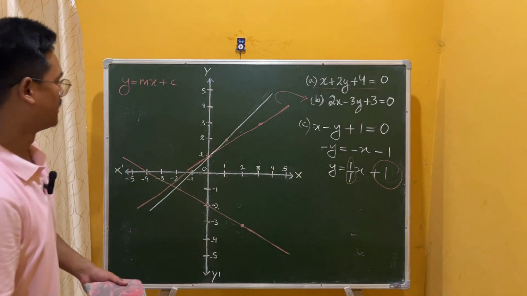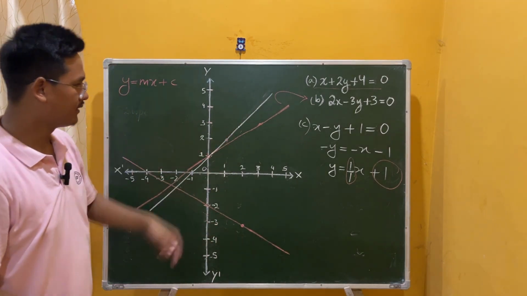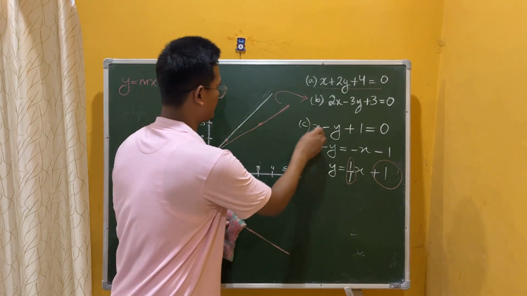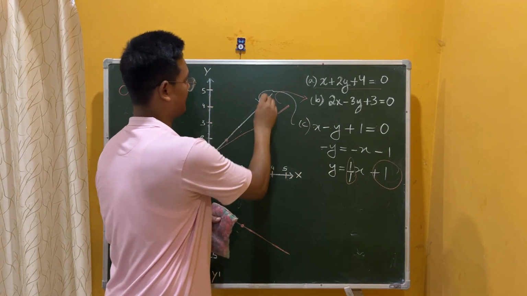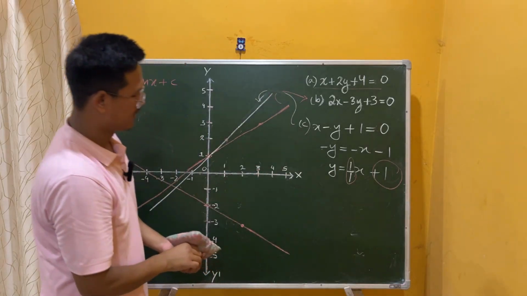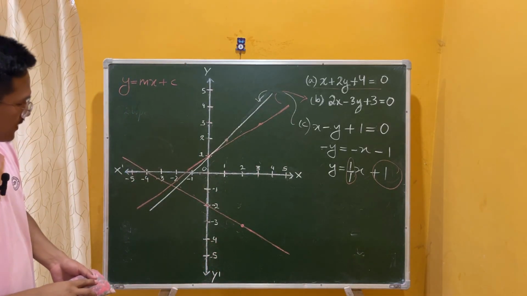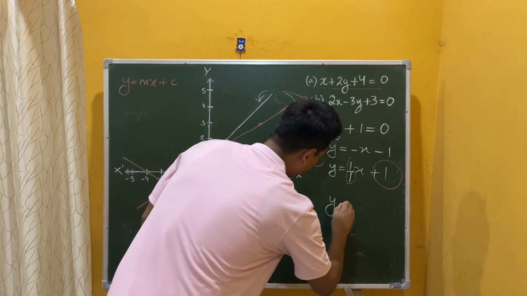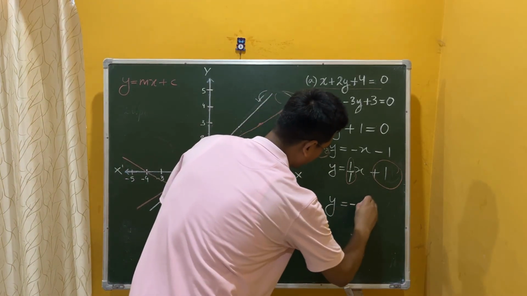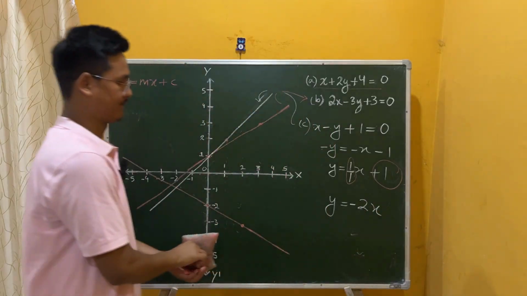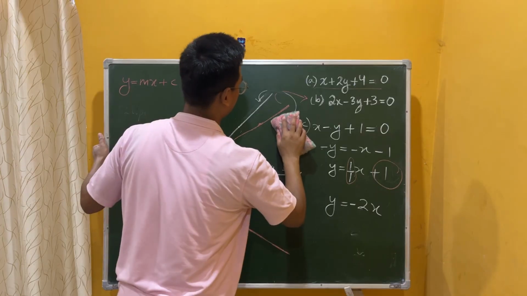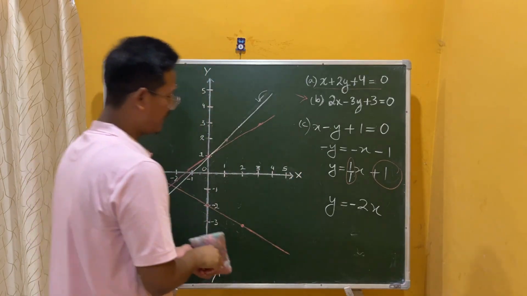So this white straight line is formed by equation C. All right, let's go for the last one: y equals minus 2x. Equation number D, let's say.